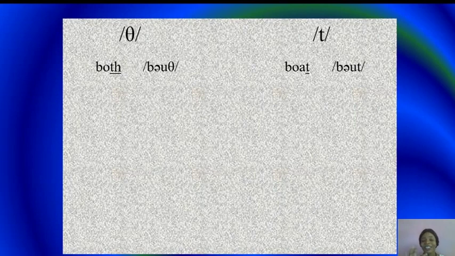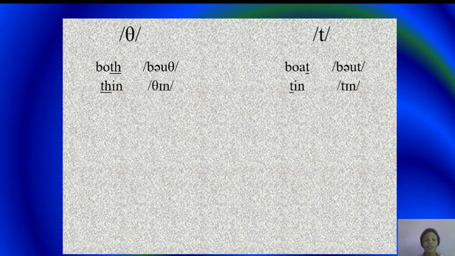Now let's actually say this word: both. For the last time, both. Yes. Let's go over to the next word.